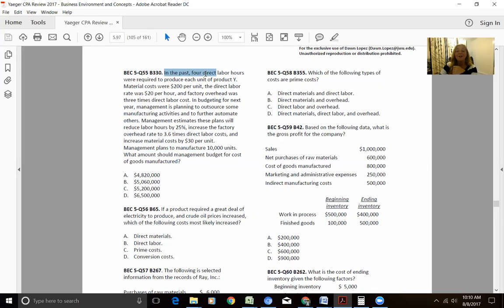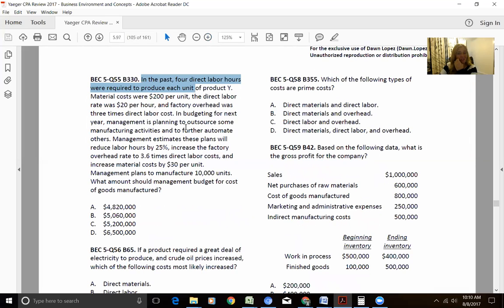It says, in the past, 4 direct labor hours were required to produce each unit of product Y. Material costs were $200 a unit. There's my direct materials. The labor rate was $20 per hour. And factory overhead was 3 times the direct labor cost. In budgeting for next year, management is planning to outsource some manufacturing activities and further automate others.